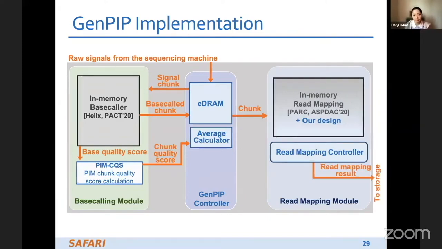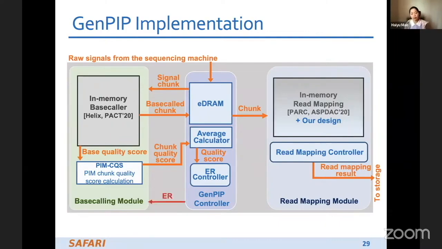To enable early rejection, we get the information from the chunk quality score calculation, and there's an ER controller inside the GenPIP controller to compare the quality scores with the threshold.